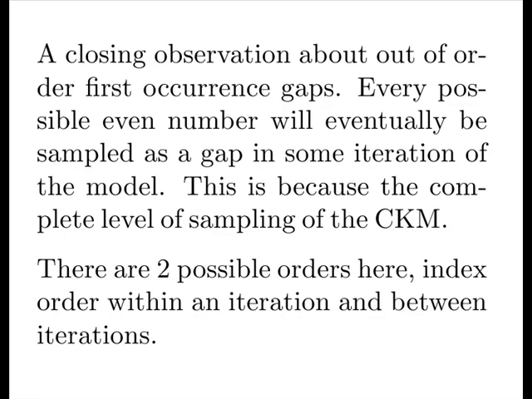A closing observation about out-of-order first occurrence gaps. Every possible even number will eventually be sampled as a gap in some iteration of the model. This is because of the complete level of sampling of the CKM. There are 2 possible orders here, index order within an iteration, and between iterations.